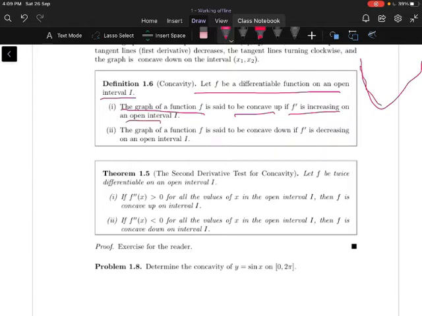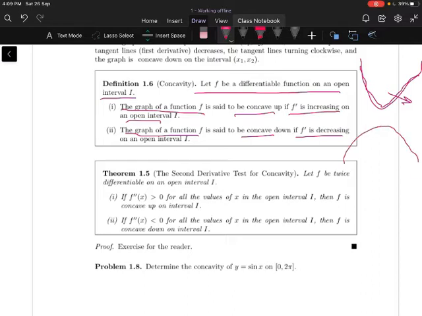It means it is decreasing, then starts increasing. So if f dash is increasing on the open interval I, then this curve is concave up.